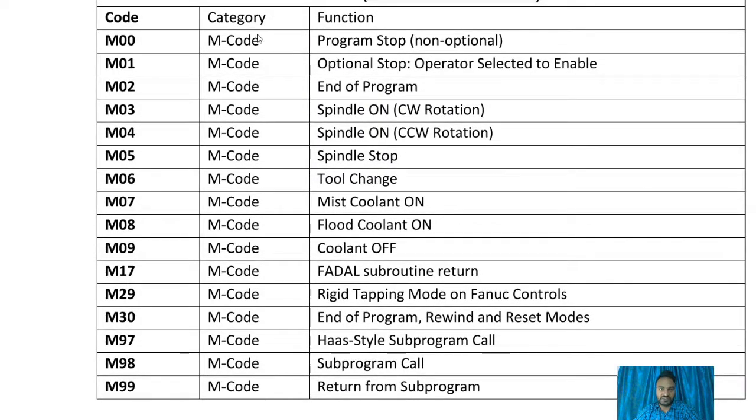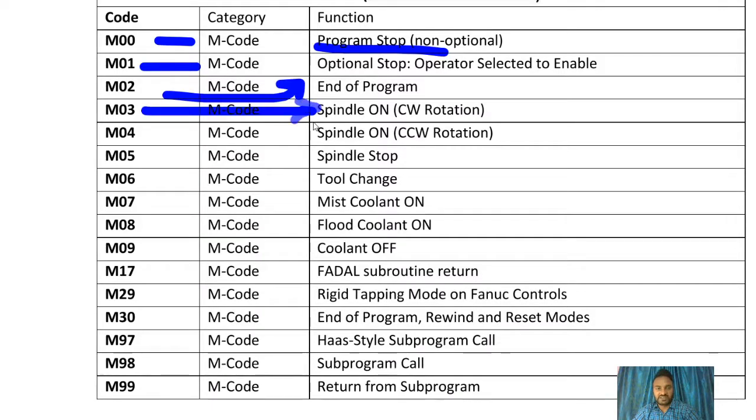Now let's quickly have a look at miscellaneous functions. Along with the machining we need some auxiliary support, and that auxiliary support is given by M codes. M00 is program stop, non-optional. M01 is optional stop. M02 is end of the program. M03 is spindle on.